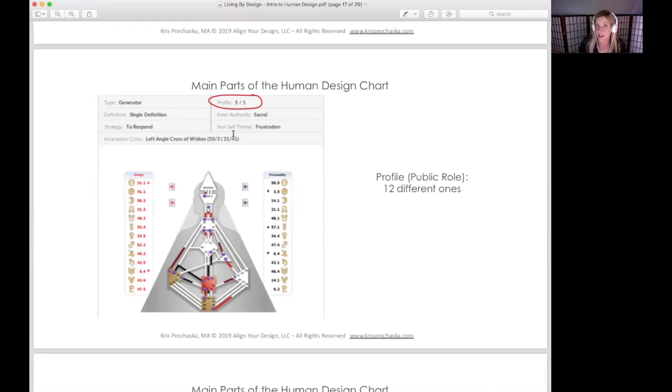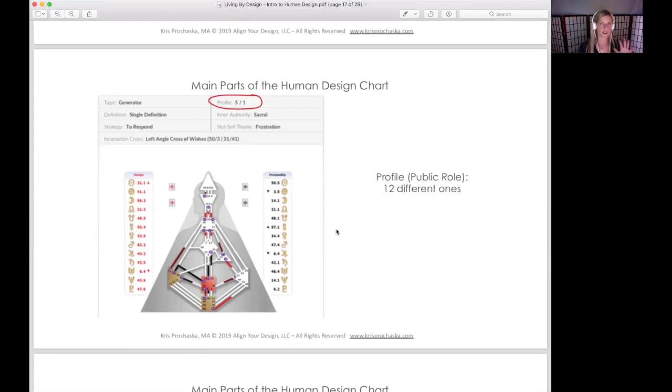If you're a TEDx speaker, which I coach TEDx speakers, sharing your idea is basically marketing, right? You're selling your idea and getting it out there. So how you do that has a lot to do with your profile.